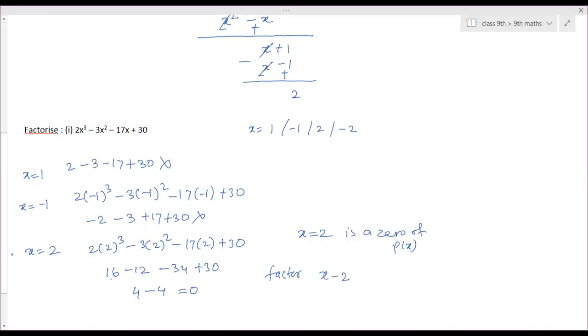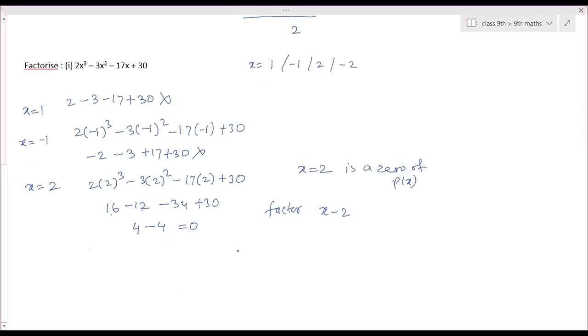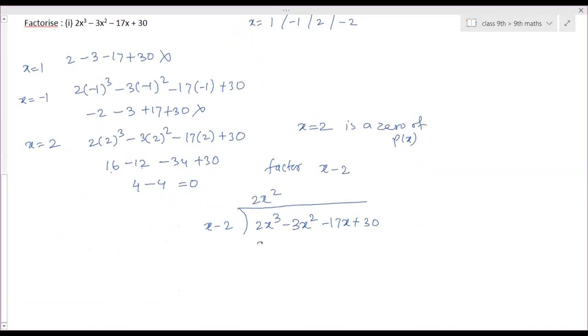Now divide the polynomial with x minus 2. Long division. 2x cube minus 3x square minus 17x plus 30, divide with x minus 2. So quotient is 2x square. So it is 2x cube minus 4x square.